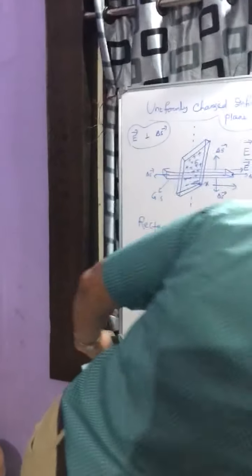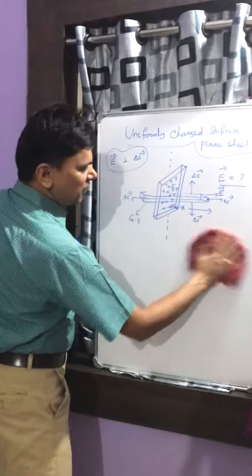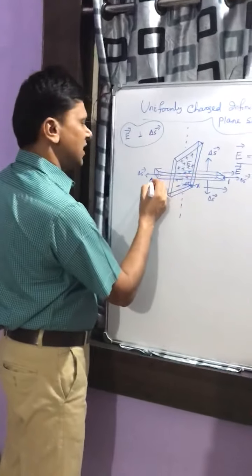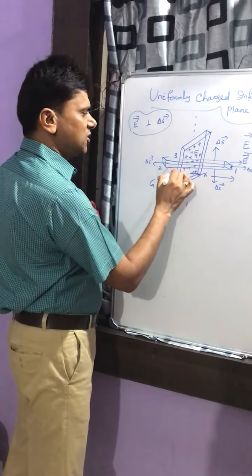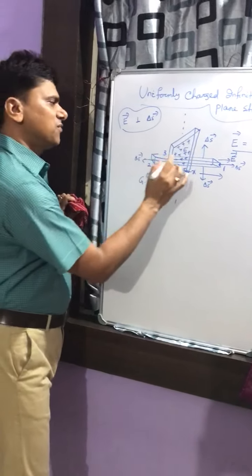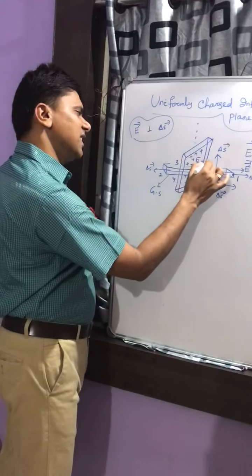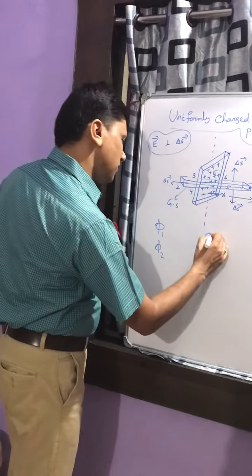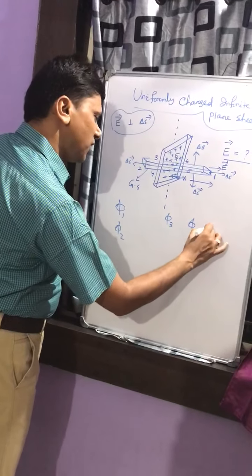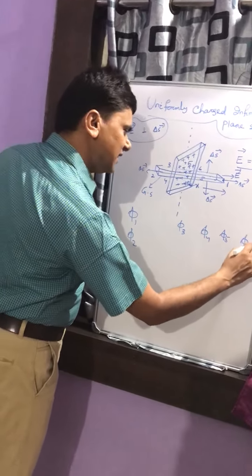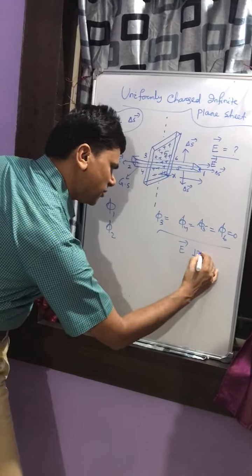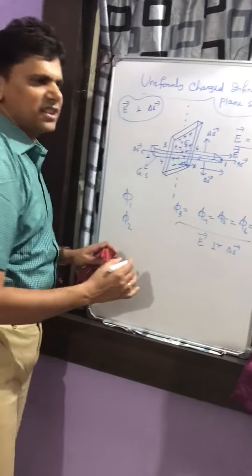That means in all these cases we will find the flux linked. If this is surface number 1, this is 2, this is 3, this is 4, and the outward one is 5 and the inward one is 6. Except phi 1 and phi 2, the other phi 3, phi 4, phi 5 and phi 6, these 4 will be 0, because in all these cases the electric field is perpendicular to the delta S vector.